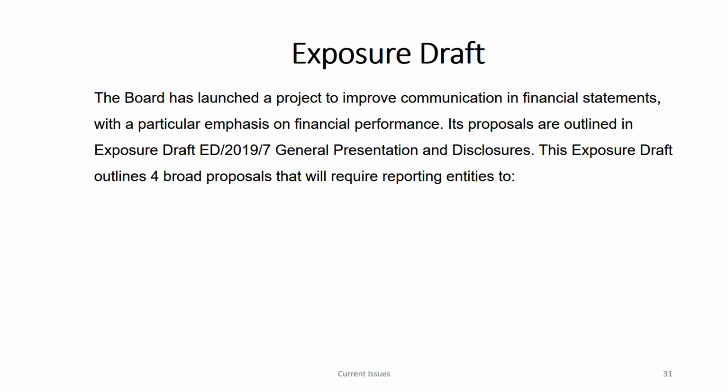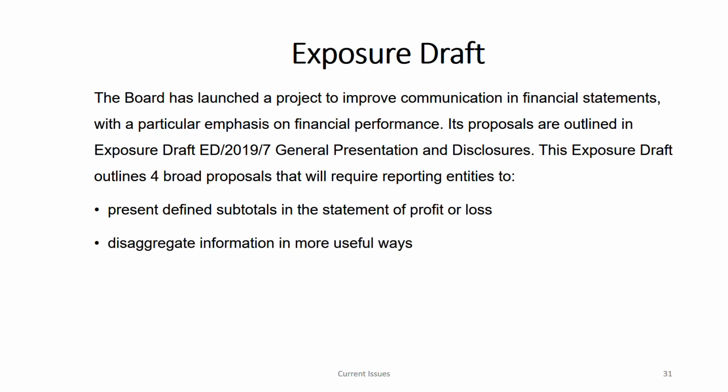What are they? Number one, when you are presenting something, you have to present in subtotals in the statement of profit and loss. So the place we are targeting is the statement of profit and loss. There we have to present some information in subtotals, which we will cover in the next slide. Then the second proposal is to disaggregate information in more useful ways.